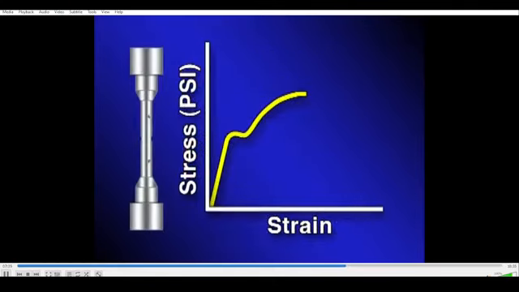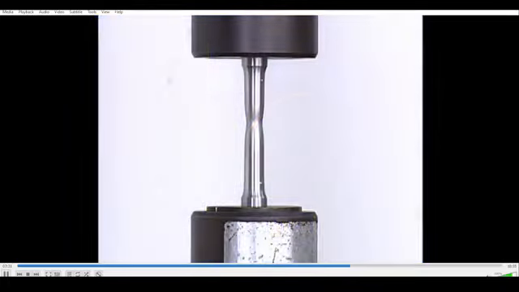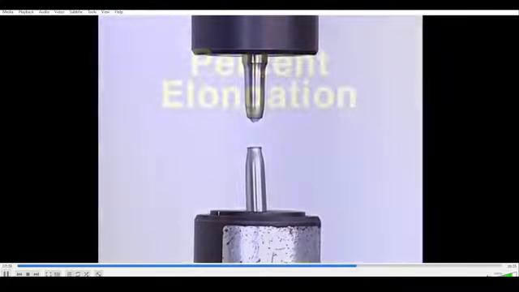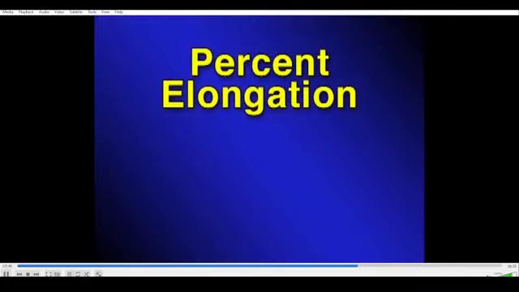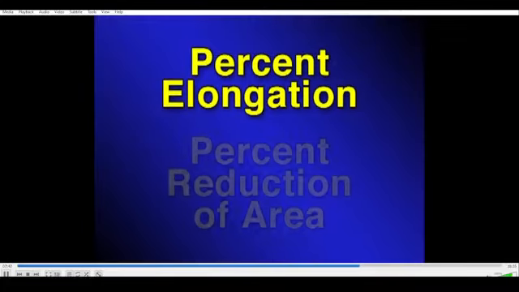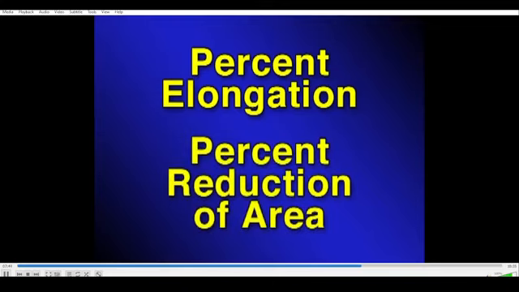Once the ultimate strength is achieved, the actual stress may decrease as the material fails. This is due to the significant reduction of area which occurs in later stages of the test. The broken specimen is used to calculate ductility through percent elongation and percent reduction of area.